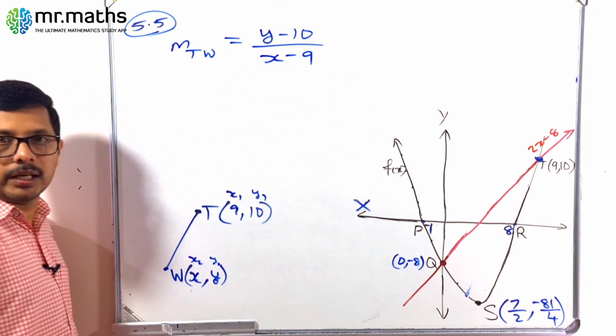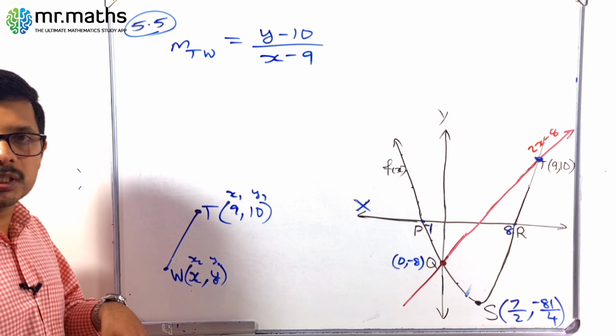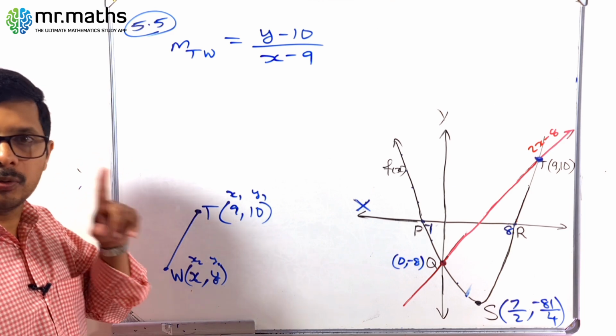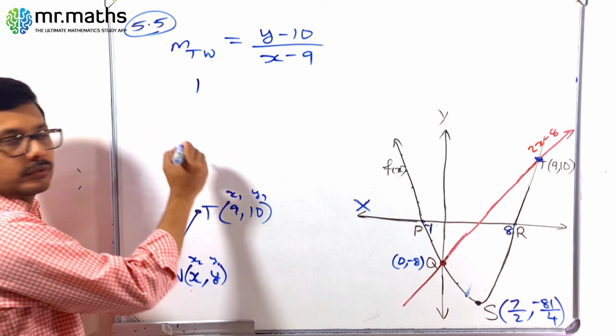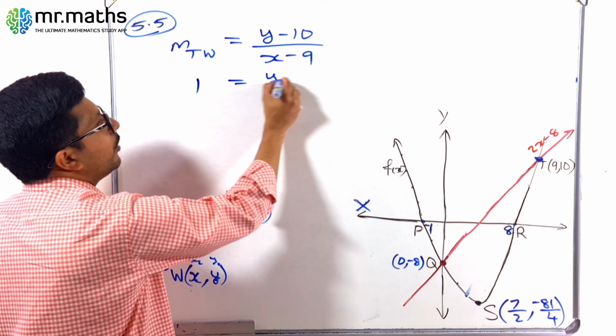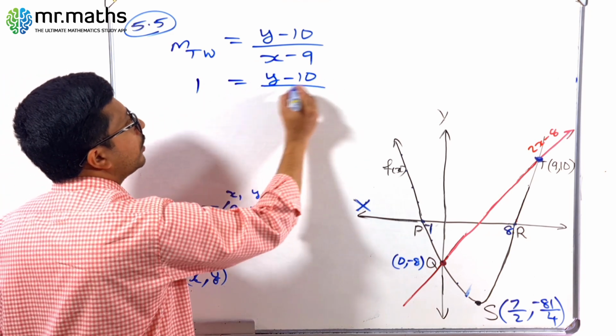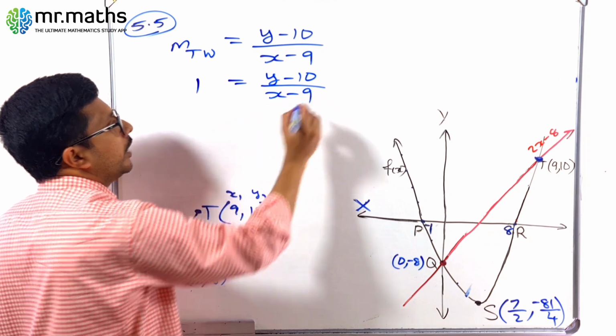It is given in the question that the average gradient is positive 1, so 1 is equal to y minus 10 over x minus 9.